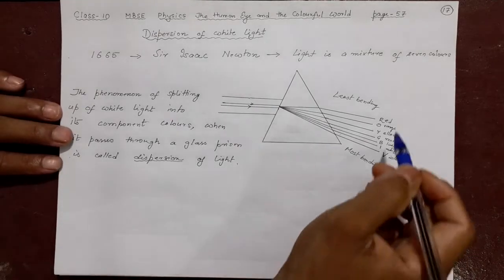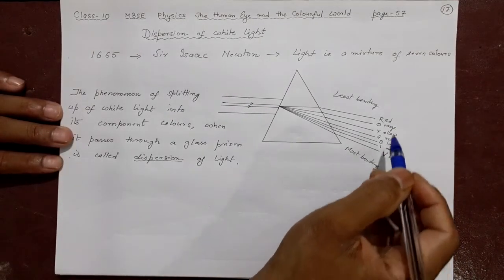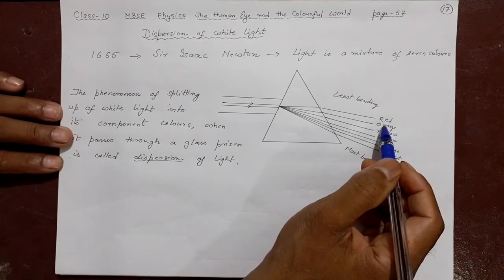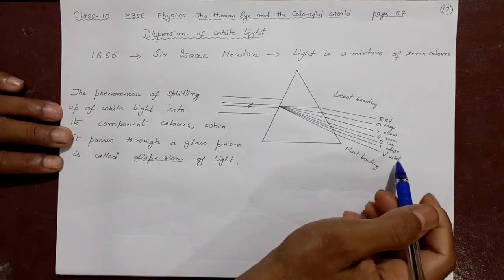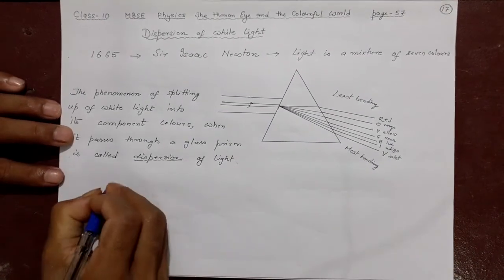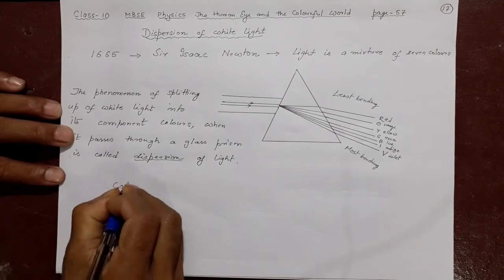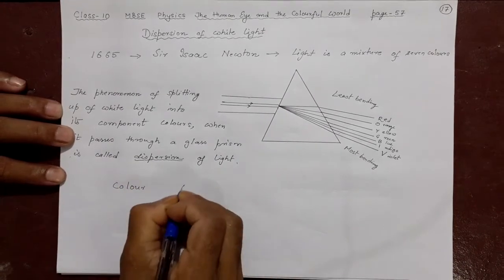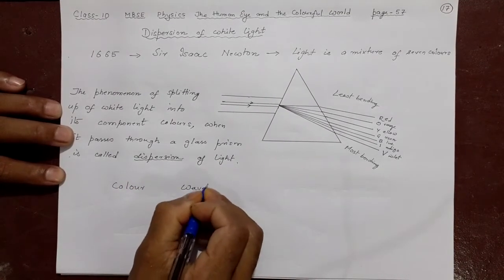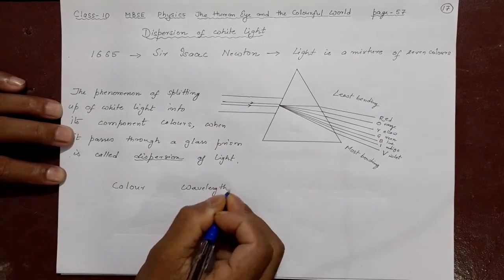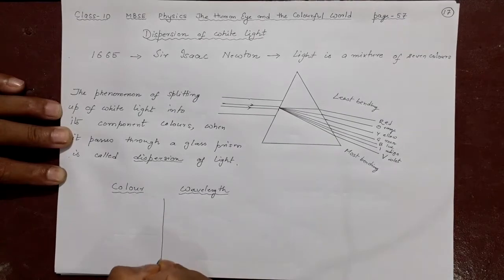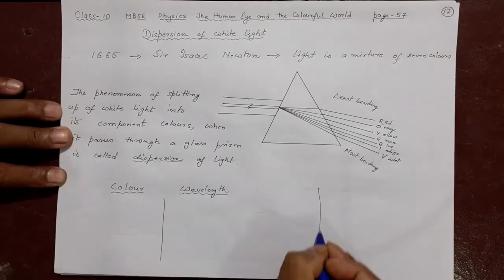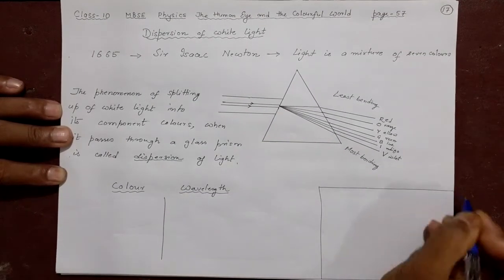Red has a high wavelength, and violet has a low wavelength. So we will write color and here wavelength. What is wavelength? I will tell you separately. There is some difference between color and wavelength.